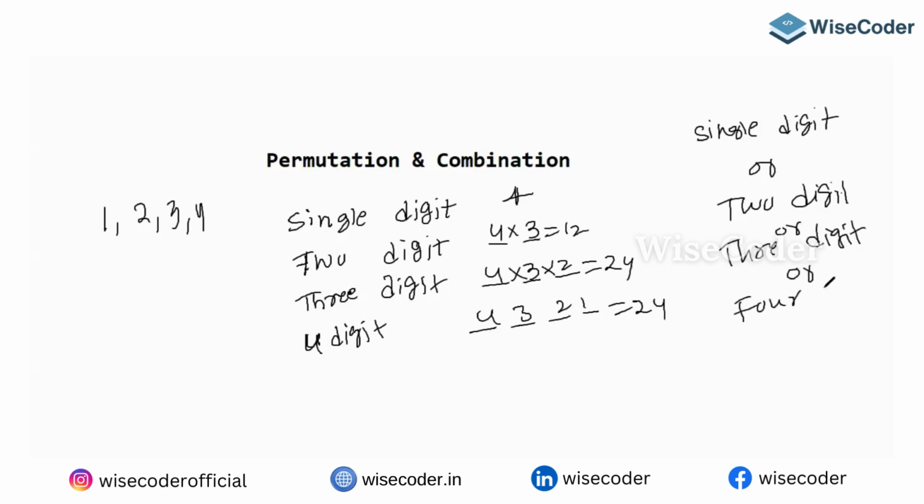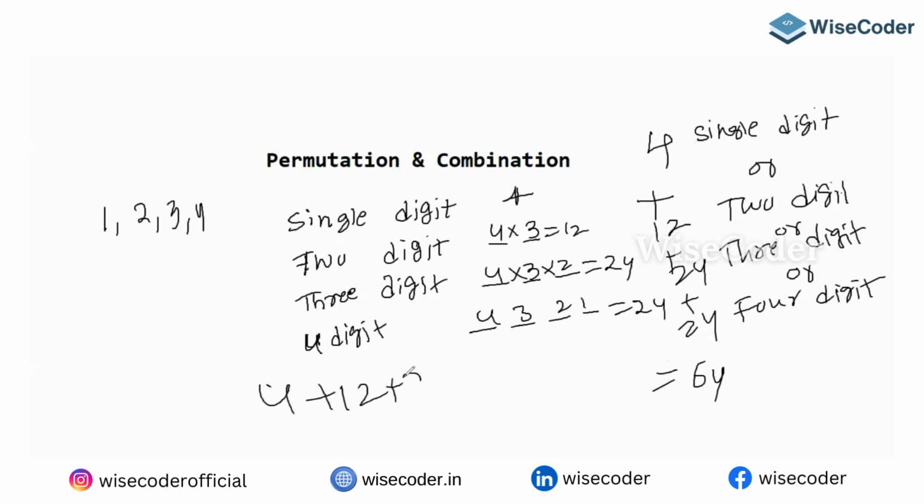So that's going to be 4 plus 12 plus 24 plus 24. 24 plus 24 is 48, 48 plus 12 is 60, plus 4 will give you 64. That will give you a total of 64 ways.